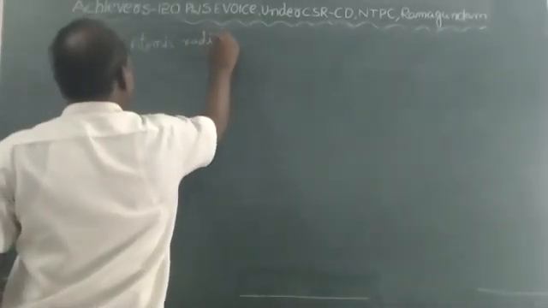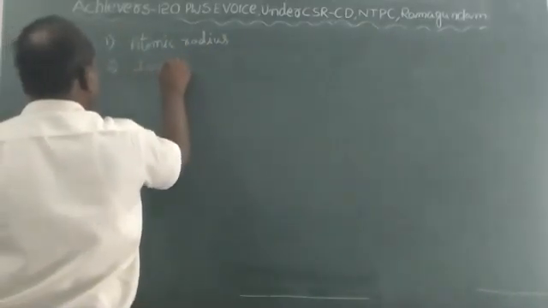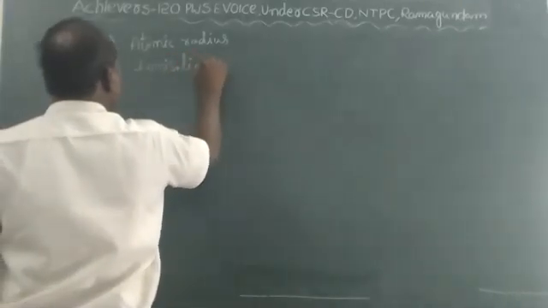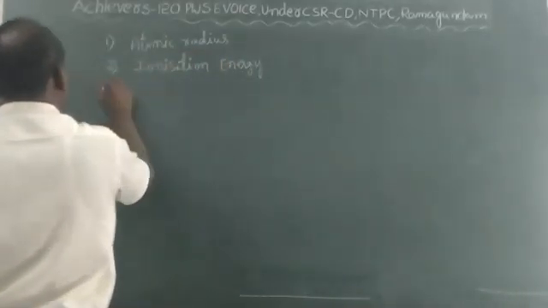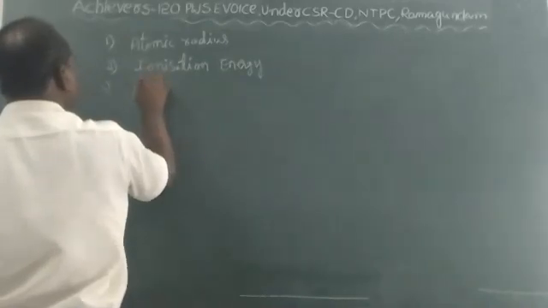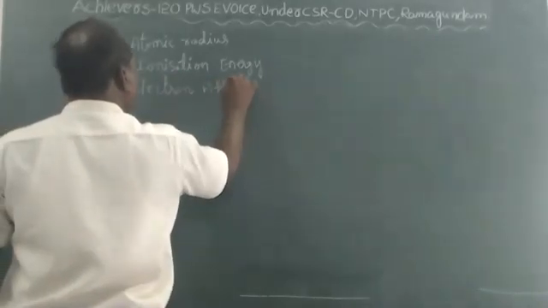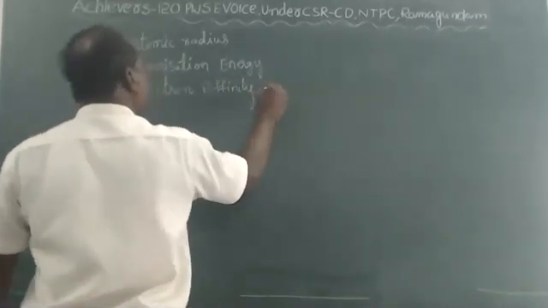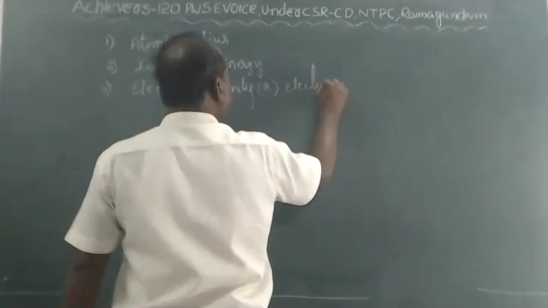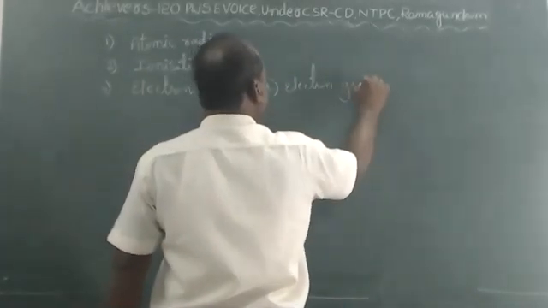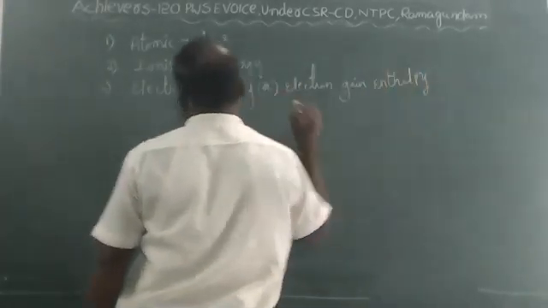atomic radius. Second one, ionization energy. Third one, electron affinity or electron gain enthalpy.